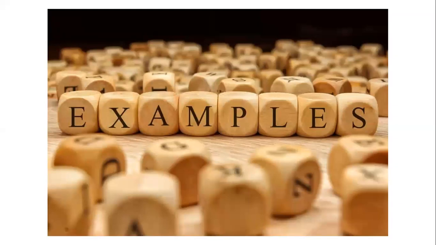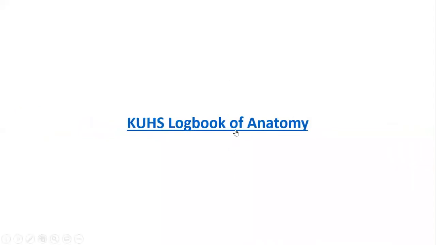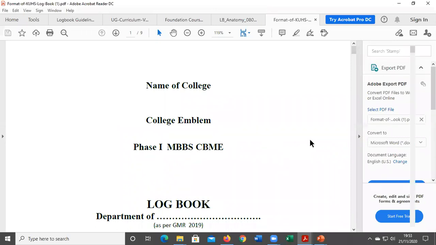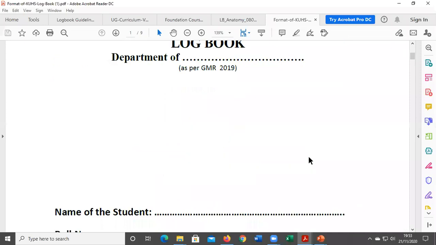Let's look at further examples. We have seen the example of the MGR University and the Foundation Course Logbook of Medical College Salem. Let's look at the example of Kerala University of Health Sciences, what it has prepared. I'll just show you a glimpse of that. So again, the first page is particulars of the student.